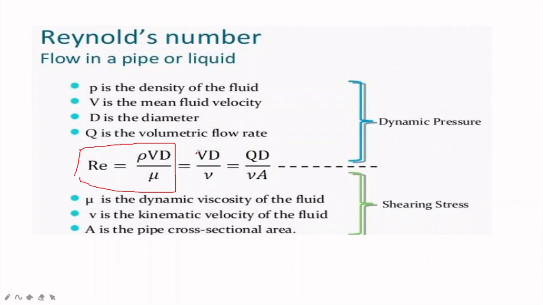Re is equal to Vd by nu, where nu is the kinematic viscosity of the fluid, which is mu by rho. Mu is the dynamic viscosity. So we have a relation between them. Just remember this Re, the Reynolds number.